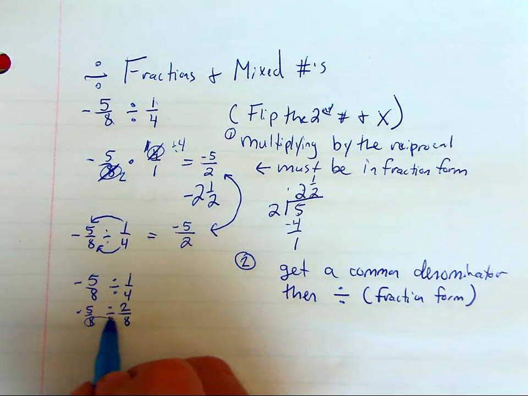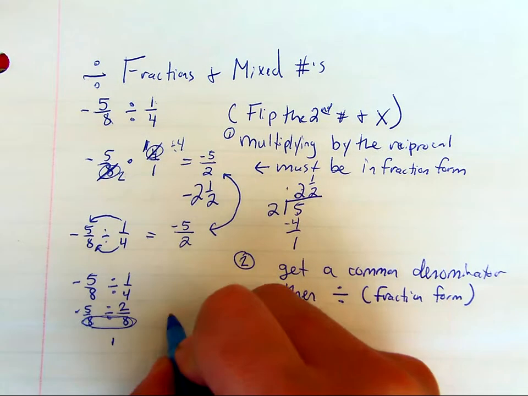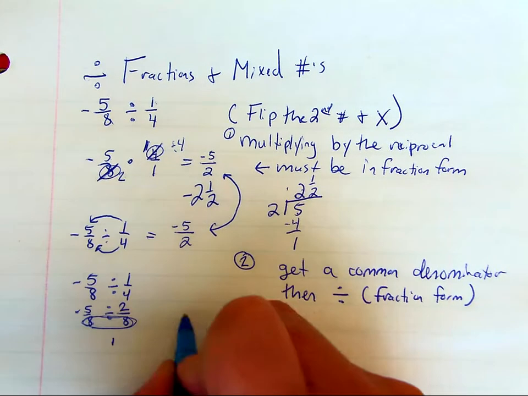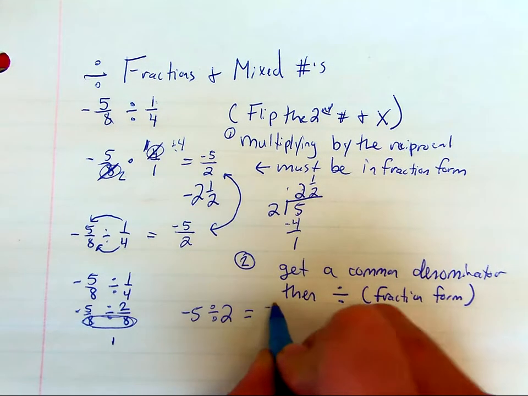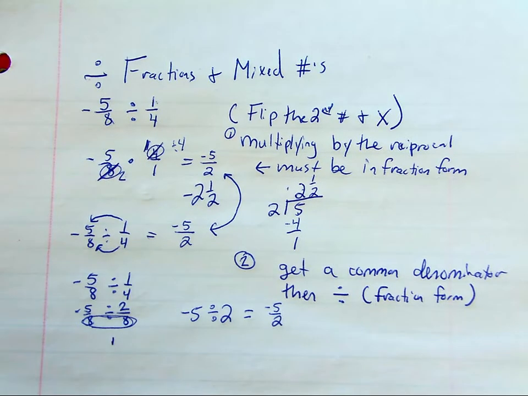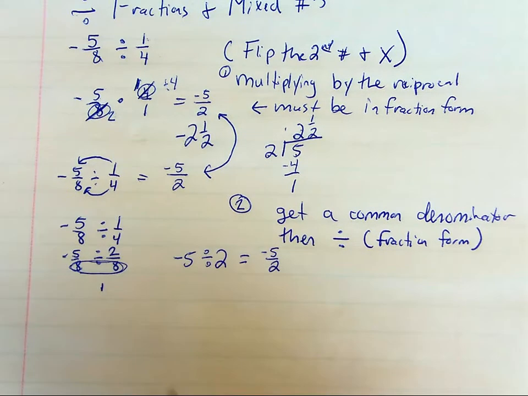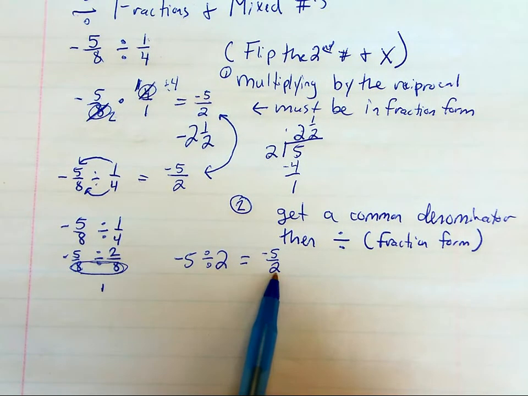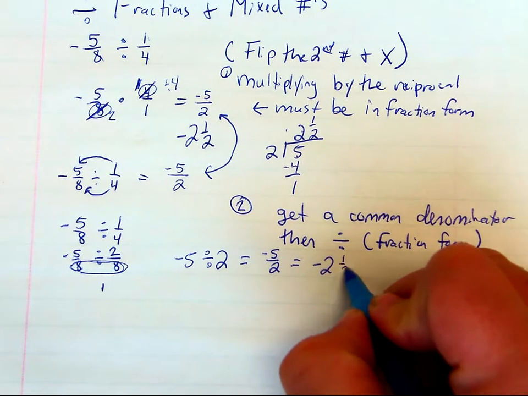Well, we know 8 divided by 8 is going to be 1. And then negative 5 divided by 2 is going to equal negative 5/2. So negative 5 divided by 2 is negative 5/2, which we just worked out was negative 2 and 1/2.